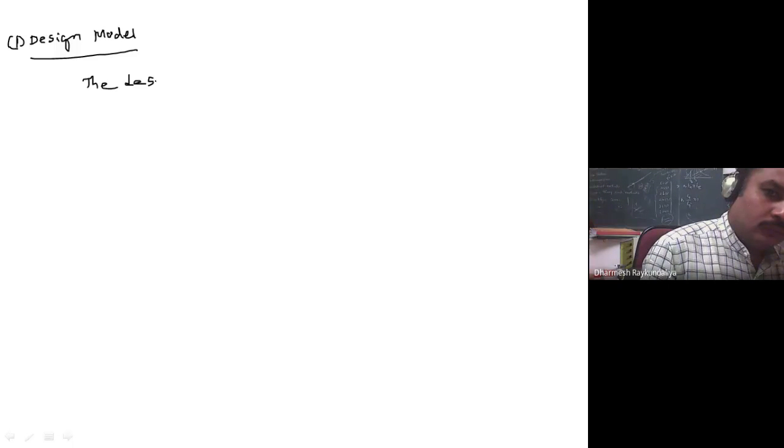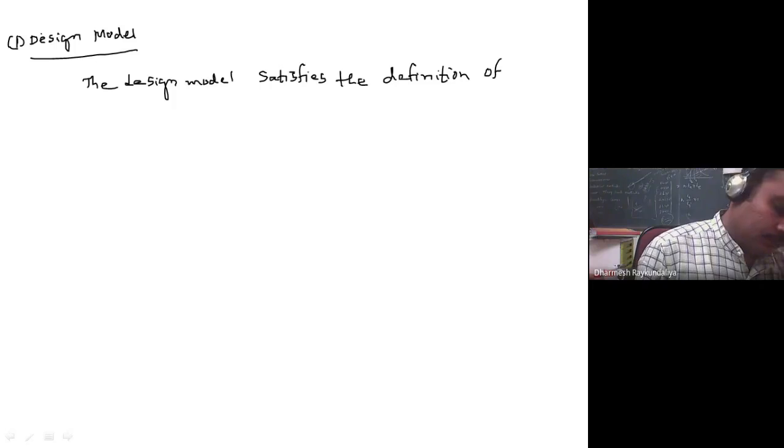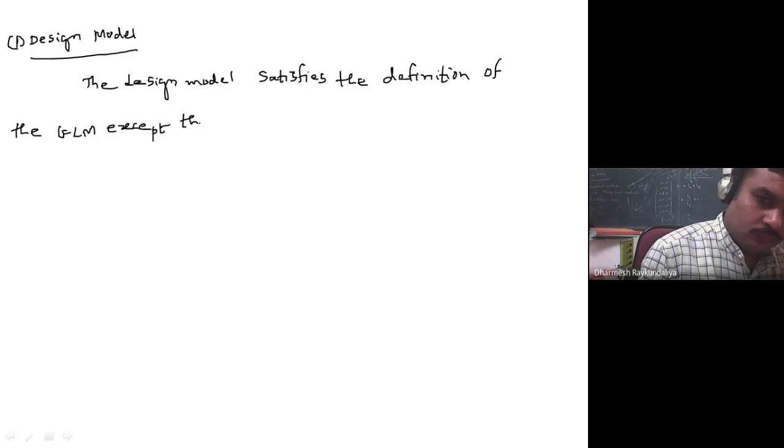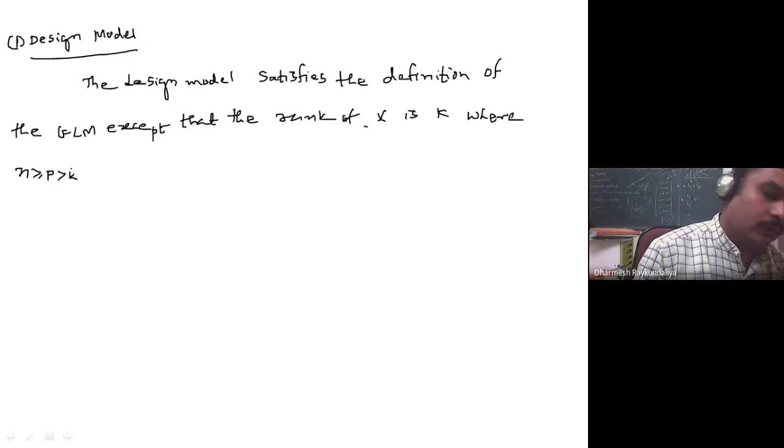The design model satisfies the definition of the general linear models, except that the rank of x is k, where n is greater than or equal to p is greater than or equal to k.